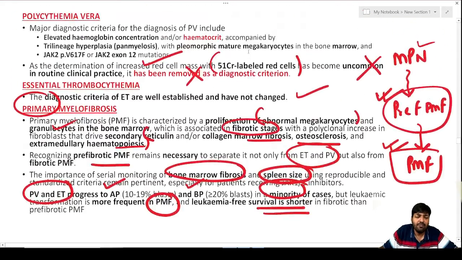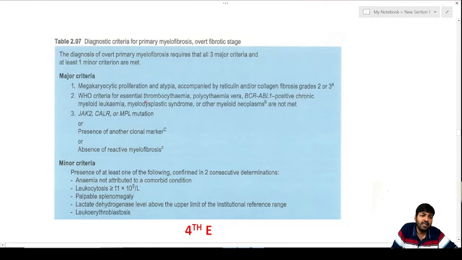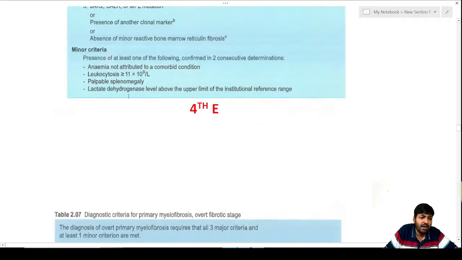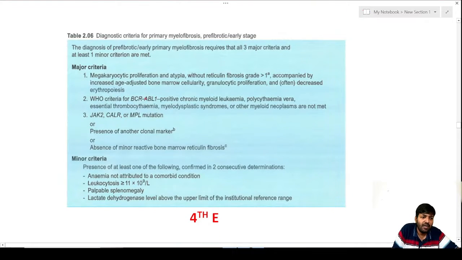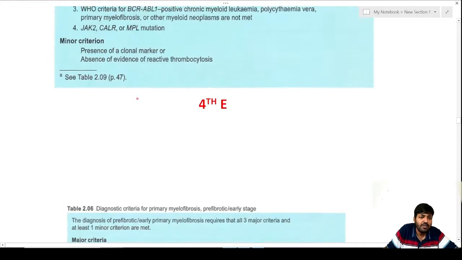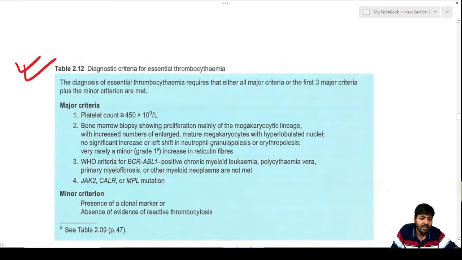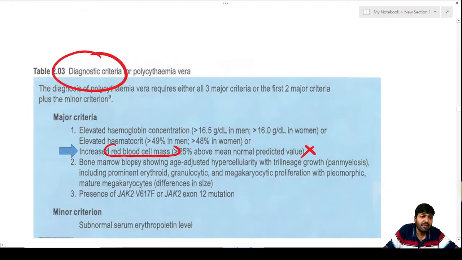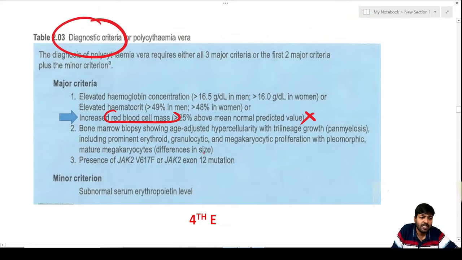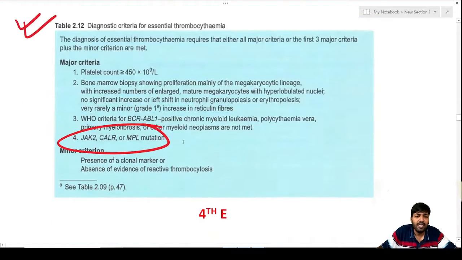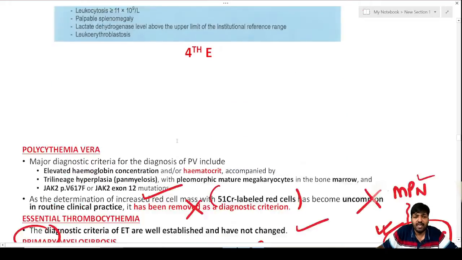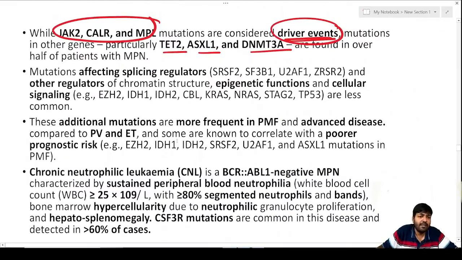As we are reading about the MPN, in the diagnostic criteria of the overt fibrotic stage they have used these markers. In the early or pre-fibrotic stage, they have also used them. In ET, as well as in PV, polycythemia vera, they are also using these main mutations. So they are the major driver mutations, and other mutations, for example in TET2, ASXL1 and DNMT3A, are found in 50% of the patients of MPN.